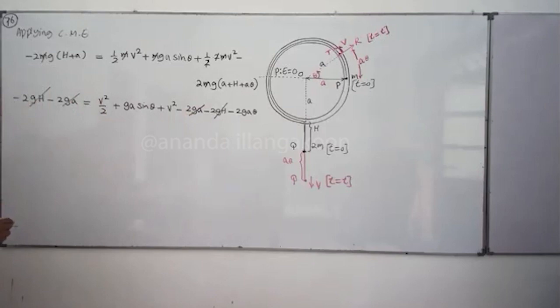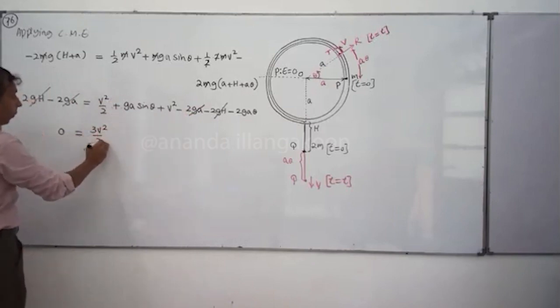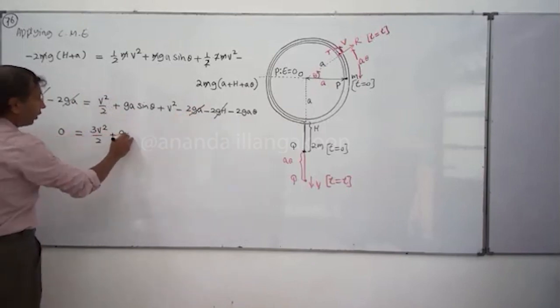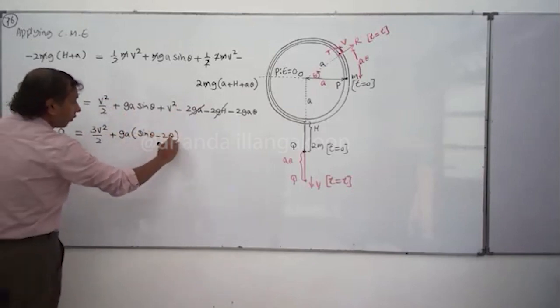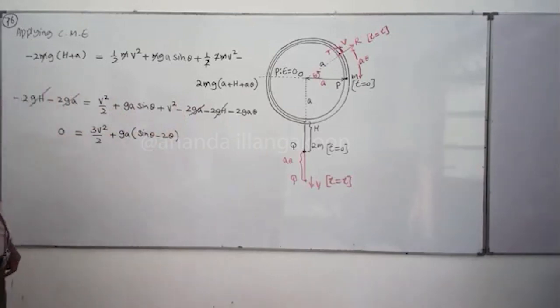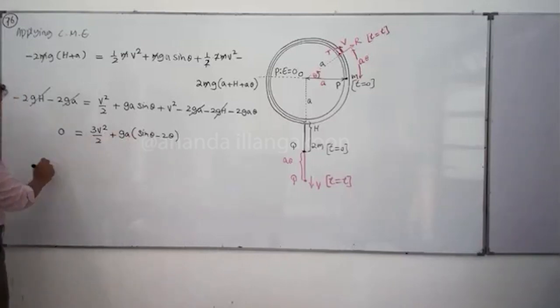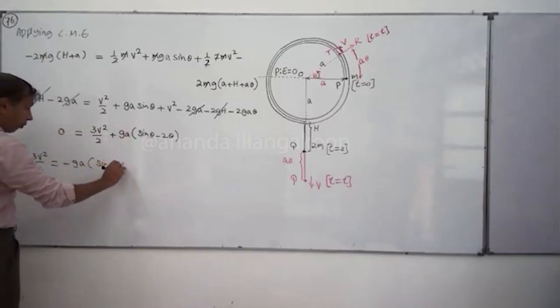Then when you subject v squared, on the left hand side we now have 0. V squared by 2 plus v squared means 3v squared by 2, plus here you can take ga out. We get sine theta minus 2 theta. Then take this to this side, and we get 3v squared by 2 equals minus ga times (sine theta minus 2 theta).